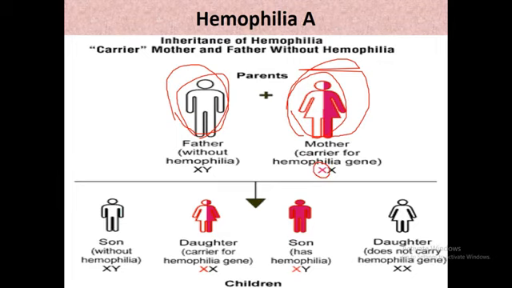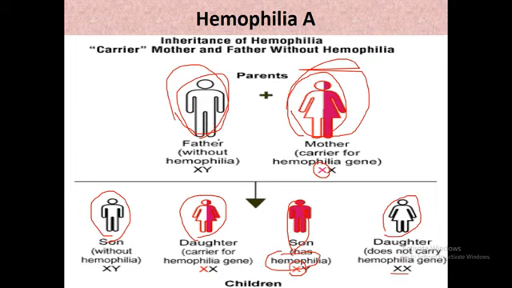So the possibilities in their children: first one is the son, who is normal. Second one is the daughter, who is a carrier. And whenever the son has a defective X chromosome, there is the presence of hemophilia. So the son has hemophilia, and the daughter who has both normal X chromosomes does not have any hemophilic disorder.